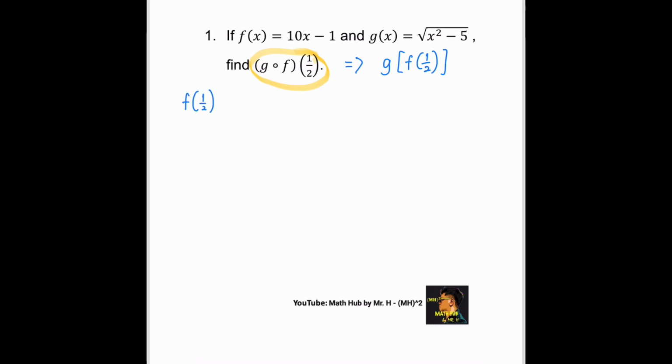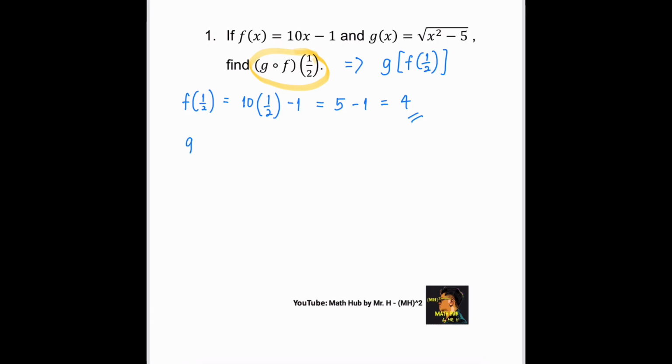So f of 1/2 equals 10 times 1/2 minus 1, which is equal to 10 times 1/2 is 5, minus 1, so f of 1/2 is 4. This value of 4, that's what we will be using for the function g.